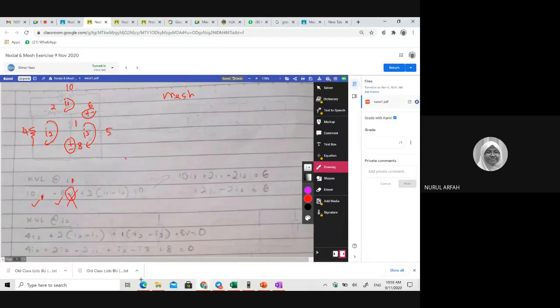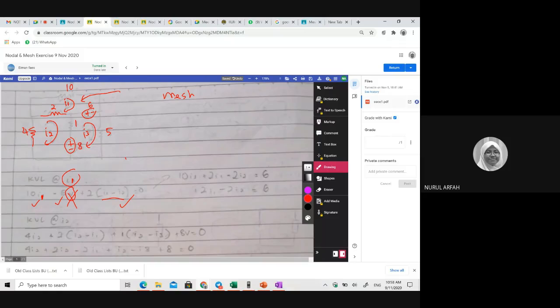And then you have 2, I1 minus I2. Why I1 minus I2? Because we focus on I1 first. Since these 2 ohms are shared between the I1 and I2 loops, you need to take the loop you focus on first minus the opposite. So this is correct. Very good.